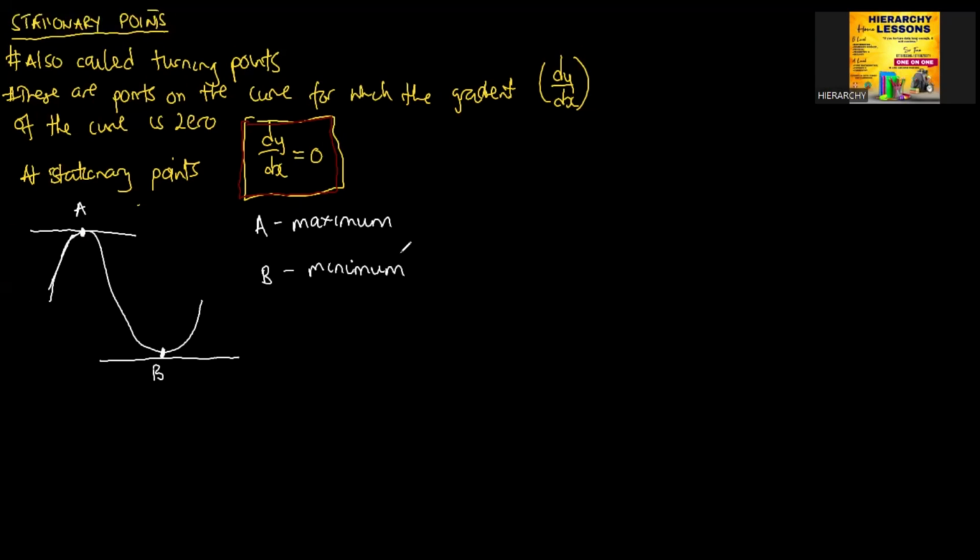Let's look at examples. First of all, let's talk about the nature of stationary points. There are various methods that are used to determine the nature of the stationary points.